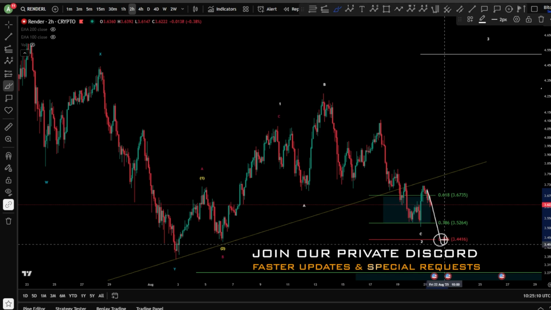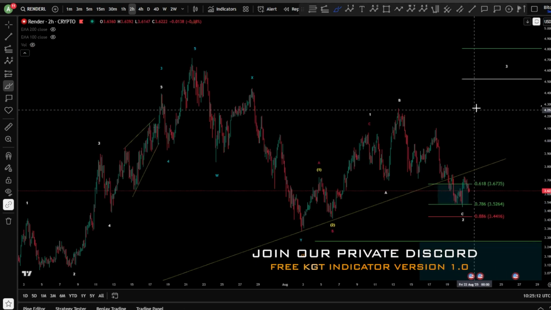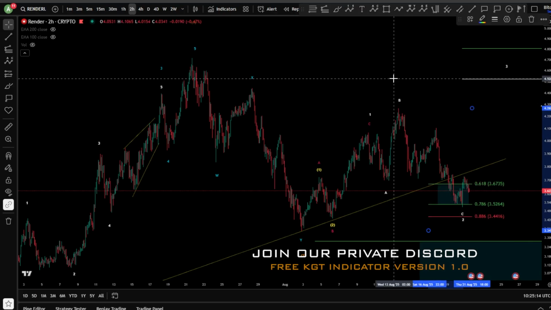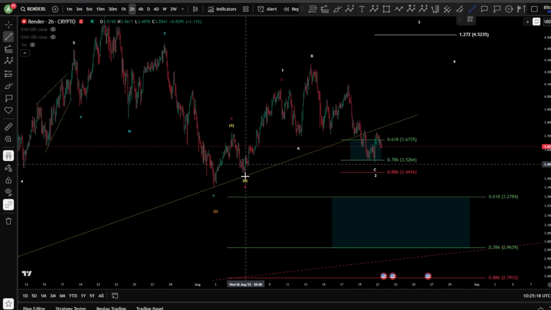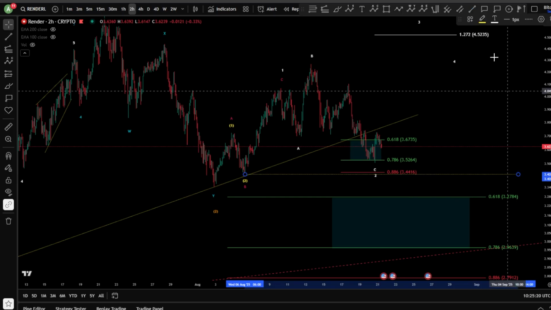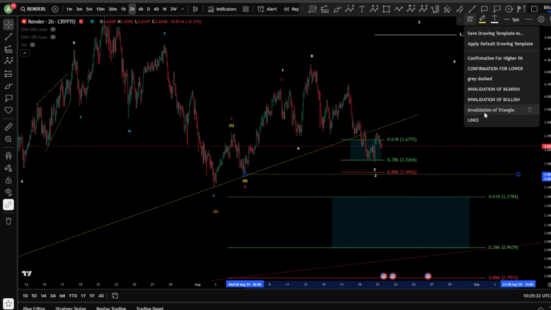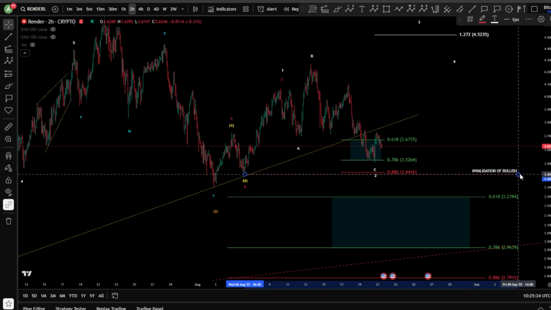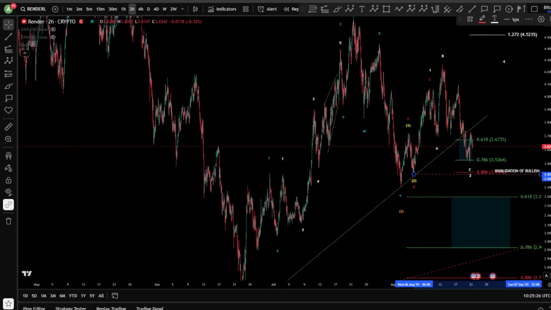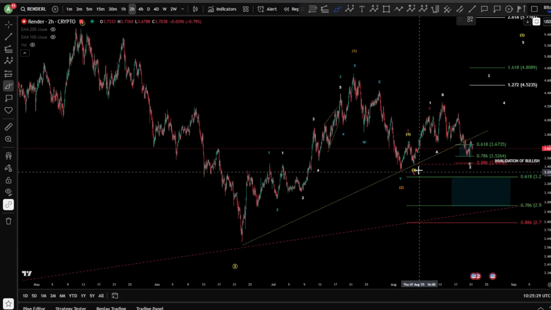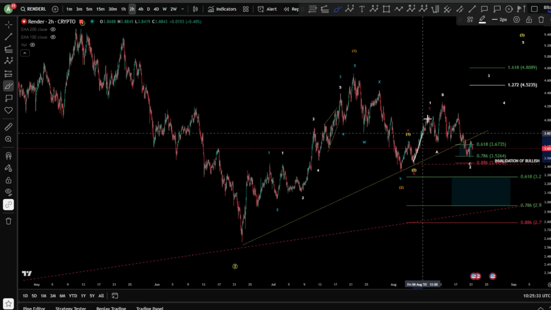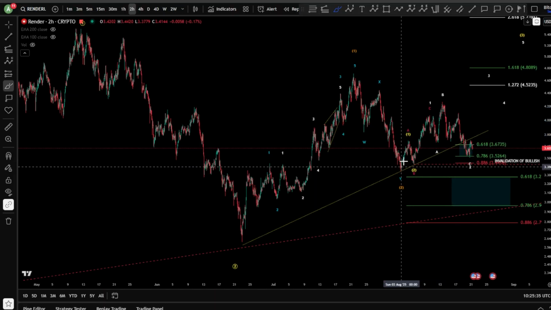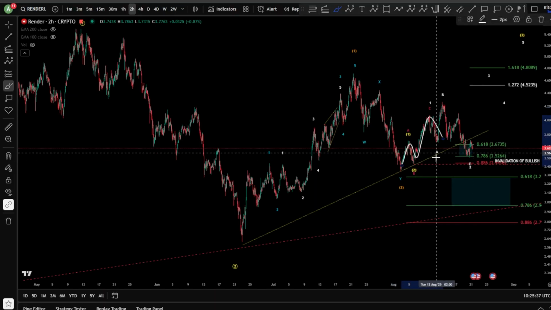So we have to be careful, because by taking the low here, you're getting very, very close to the invalidation of the second 1-2, which is a disaster, right? Because if this happens, it is an invalidation of the bullish scenario again, and that means you cannot consider this a 1-2, A, B, and a C. This is impossible. If you lose this 1-2, A, B, C, you lose both 1-2s automatically, right?